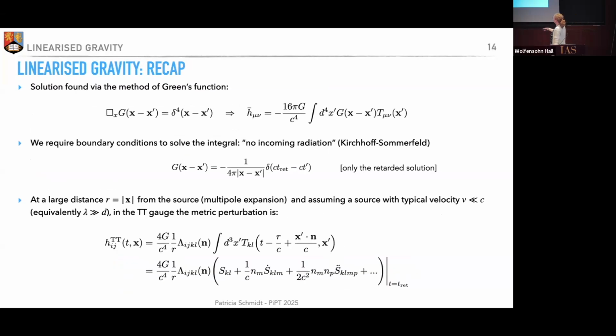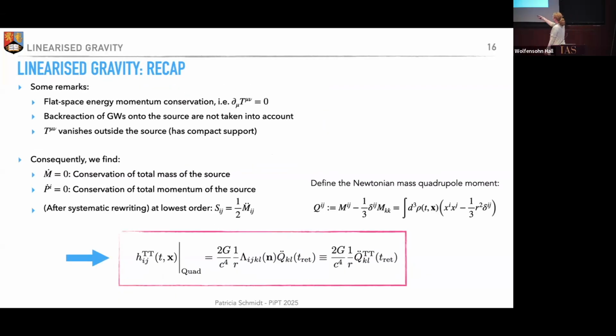And you work it through, and after systematic rewriting, you find at lowest order, so our first term here, the lowest order term, the one that doesn't have a c appearing anywhere, is literally just 1/2 times the second time derivative of this mass moment with two indices, ij. That's a funny thing, right? Remember, this was essentially rho, the mass energy density times xi, xj, but we're also going to subtract essentially its trace from it.